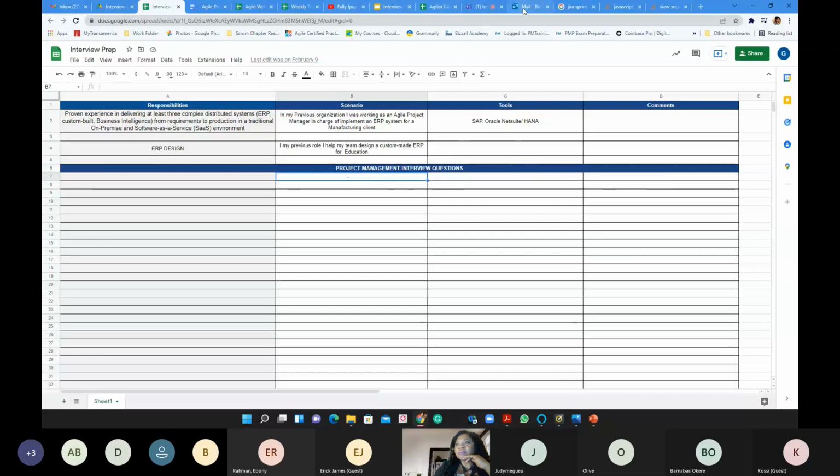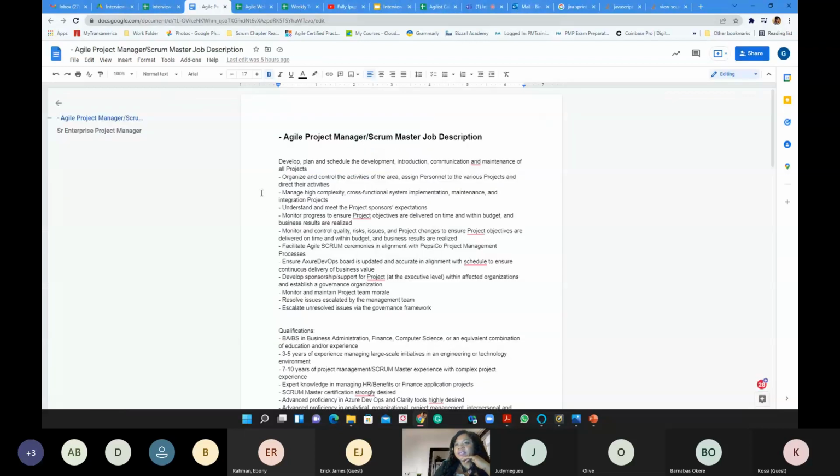If they said develop, plan, and schedule the development, introduction, communication, and maintenance of all projects, you do the planning, you do the scheduling, and you also kick off the project as a project manager, Scrum Master.